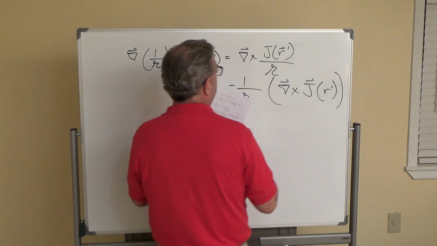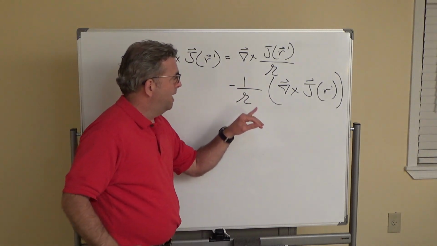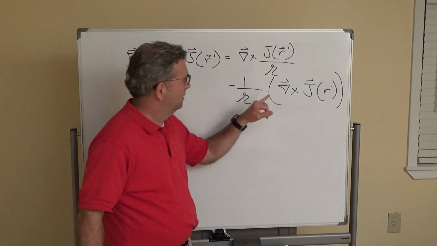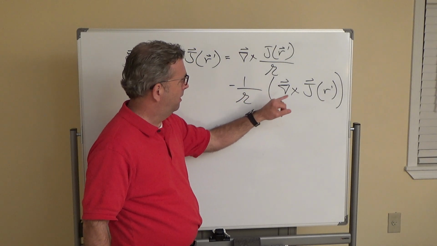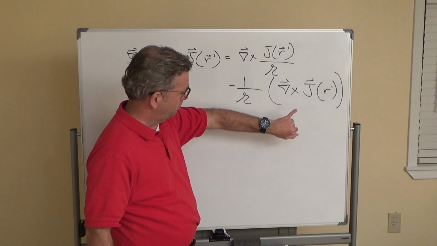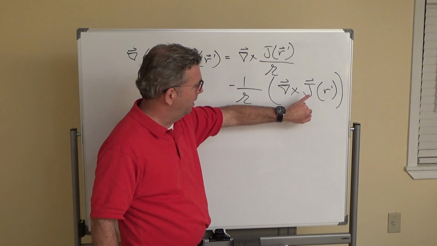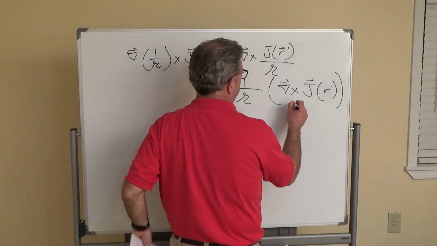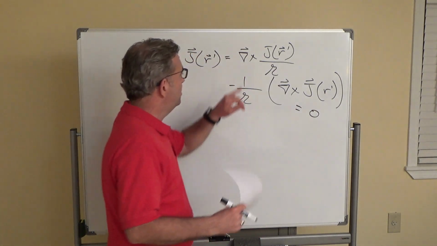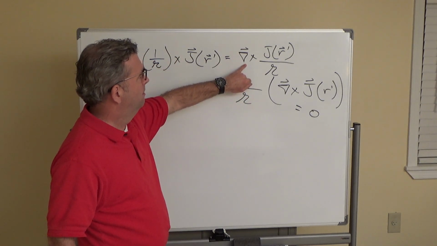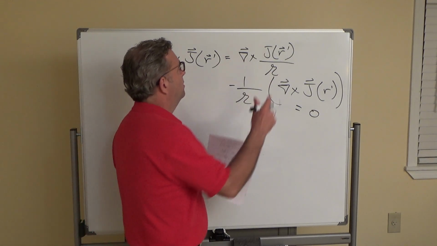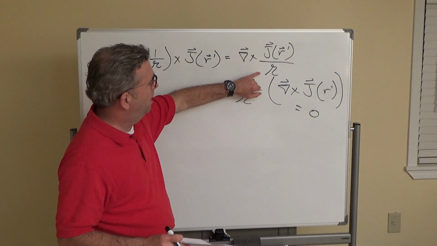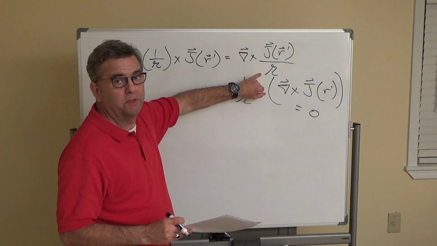Like we had with Ampere's law, this is a field operator operating on a source. This is equal to 0. But this does survive. This is a source term, but this is a field term.